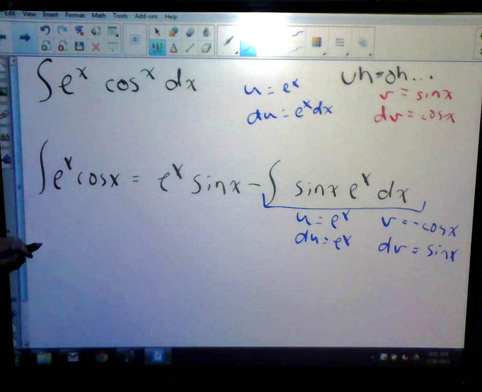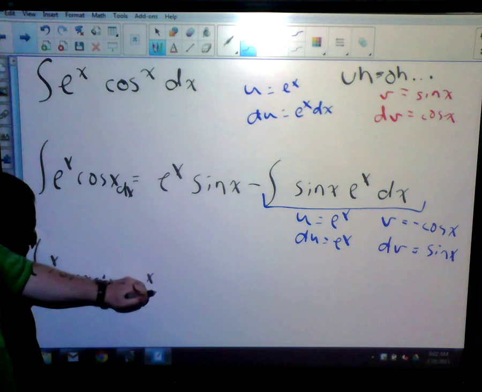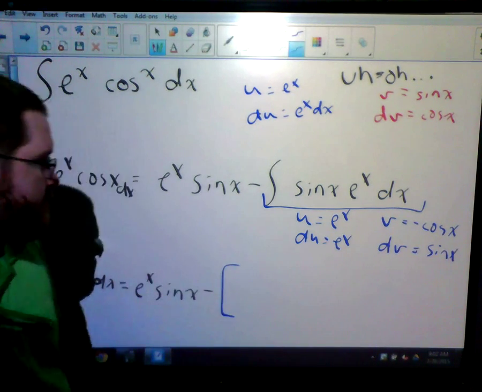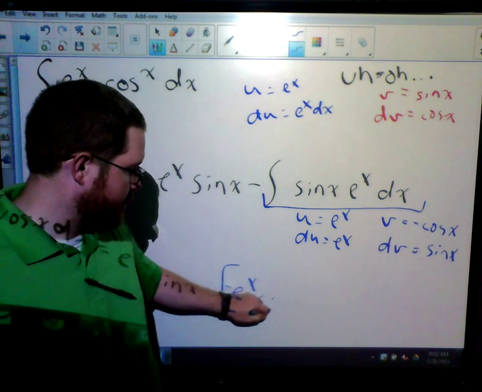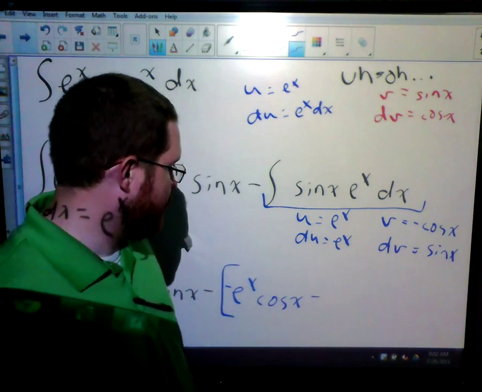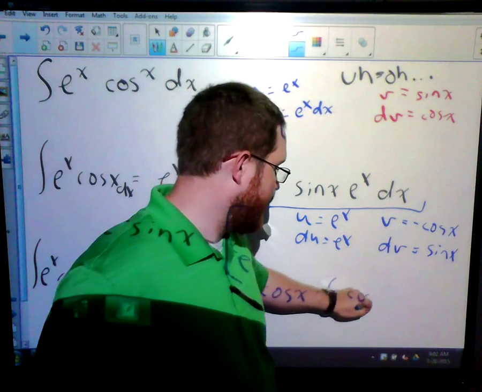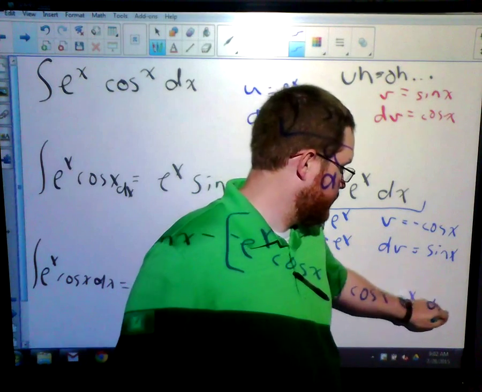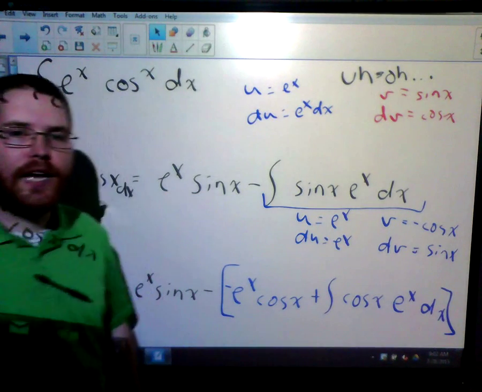So now I've got the integral of e to the x cosine x dx equals e to the x sine x minus uv minus the integral of v, negative cosine is cosine x, negative makes that positive, du. And you can see this is going to keep going back and forth between sine and cosine.